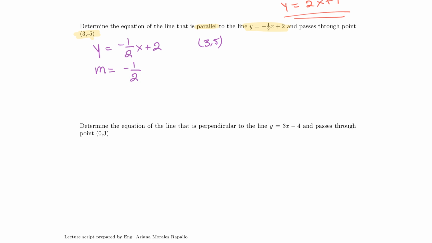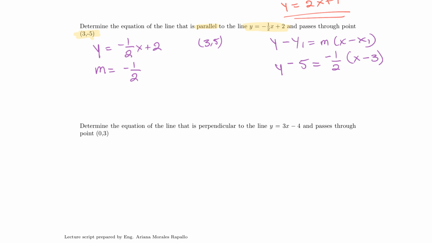For a line to be parallel, again, the slope has to be the same. So let's write down the equation. y minus y1 equals m times (x minus x1). y minus 5 equals the same slope, which is minus 1/2, multiplied by (x minus 3).